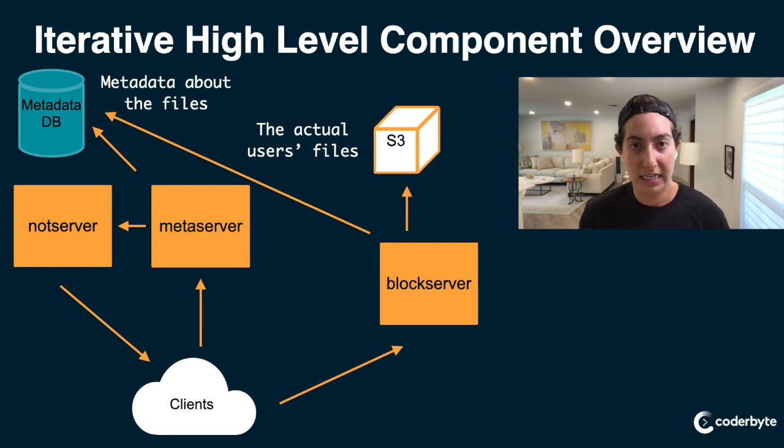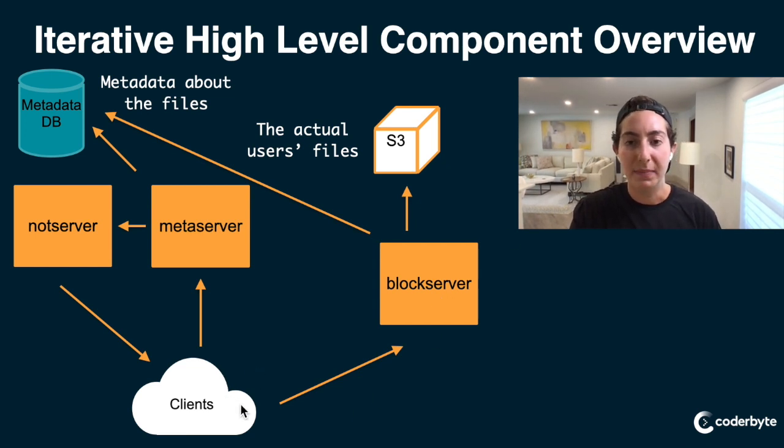If I have a file that's 1 gig and I change 1 line, and every single time I change 1 line, I'm reading and writing 1 gig of data, that's going to get very costly very quickly for no really good reason. So the block server chunks things, right? It makes the files into different blocks so that if you only change a line, you're only ever talking about that block on the server. So the 2 places that the client talks to are now this meta server and this block server.